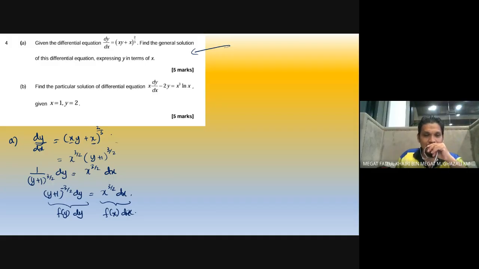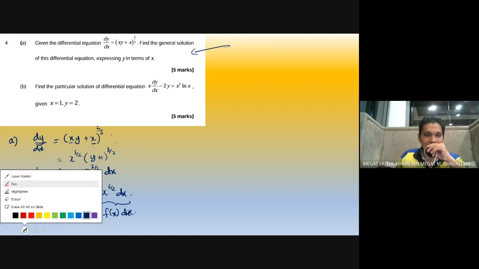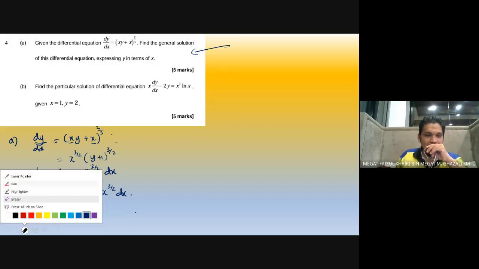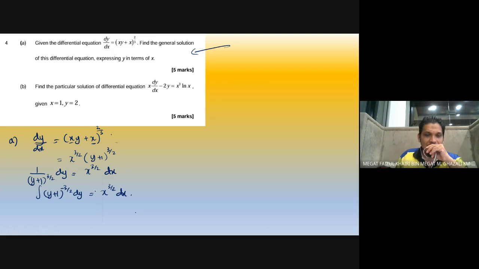No. y plus 1 power negative 3 over 2 dy, completely y. And do you find any y left here? There is x power of 3 over 2 dx, completely all x here, meaning we have separated the variables completely. So now it's time for us to integrate this left and right.